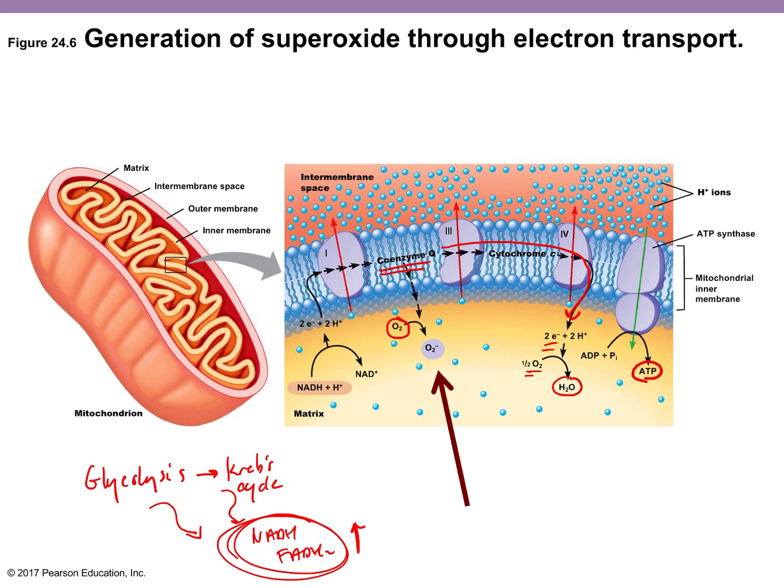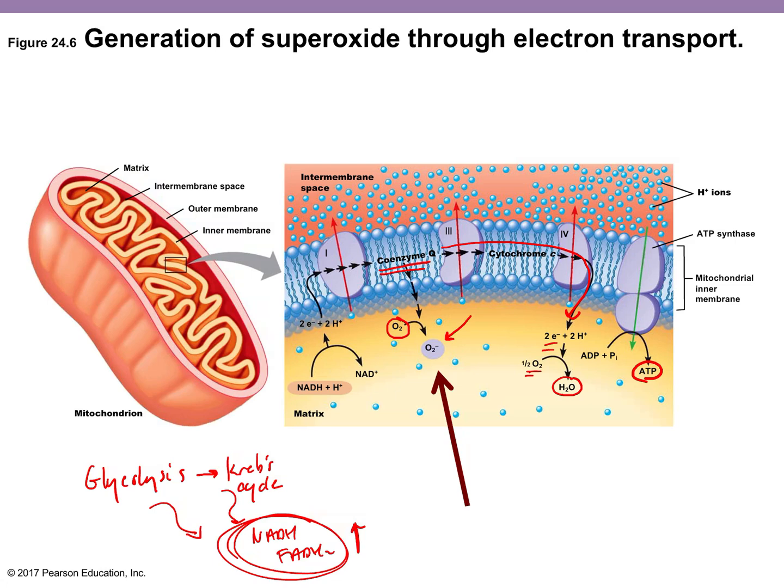So you can see oxygen is going to pick up that electron, and it's going to form this guy. This is your superoxide, O2 negative. So that negative sign means that there's an electron there that is unpaired, okay, and it's going to be very reactive, and it's going to try and steal electrons from other molecules, and it's going to damage your cells. So this guy right here, the O2 negative, is called superoxide.